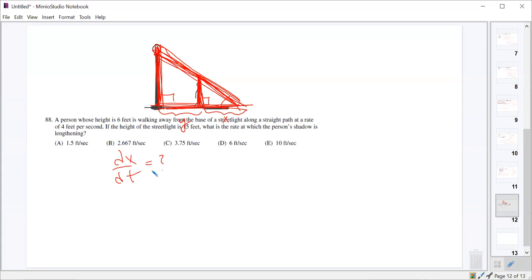Well, we know what dy/dt is, right? We know how fast the person is walking, 4 feet per second. And we should be able to relate the height of the person, the height of the street light, and x and y using similar triangles. x over 6 should be equal to x plus y over 15.